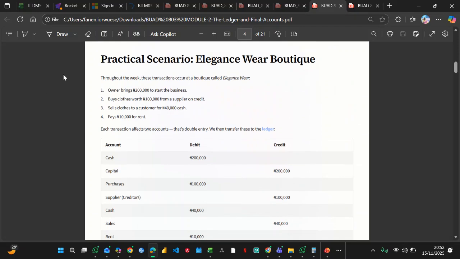Okay, so we are trying to explain this, and then we're looking at the practical example, a scenario, throughout the week. We are looking at a boutique store, Elegance Wear Boutique.